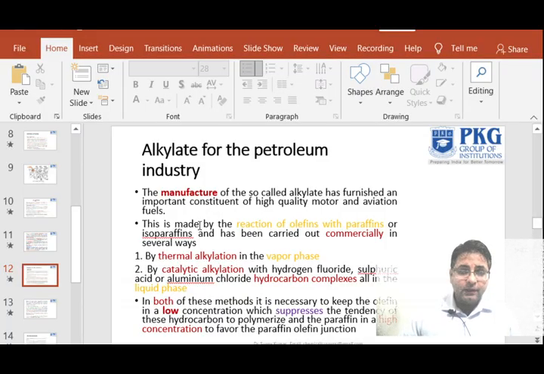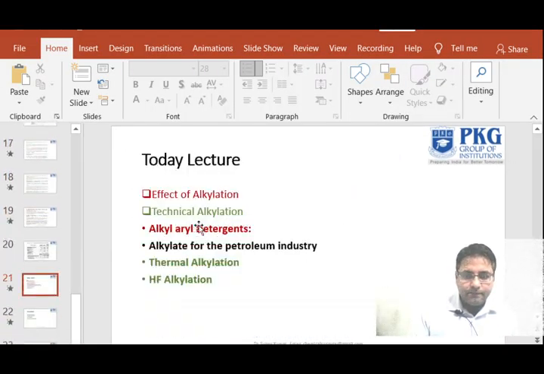Generally there are two ways: thermal alkylation in the vapor phase, and catalytic alkylation with hydrogen fluoride, sulfuric acid or aluminum chloride hydrocarbon complex in the liquid phase, which we have seen in the previous detergent manufacturing. But in both cases, keeping the olefins in low concentration suppresses the tendency of the hydrocarbons to polymerize. So this thing we have read today.